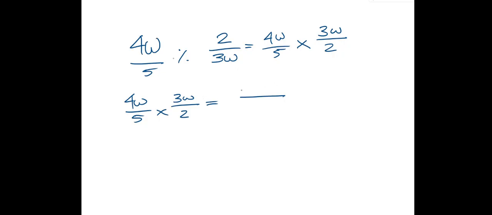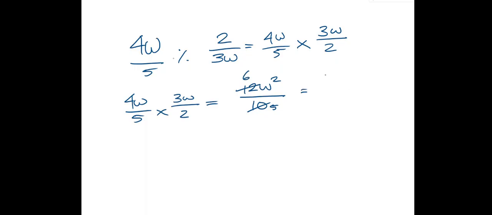4w times 3w is 12w squared. 5 times 2 is 10. Does it simplify any more? Well, these are both even numbers, so we divide that one by 2, we get 5. Divide that one by 2, we get 6.